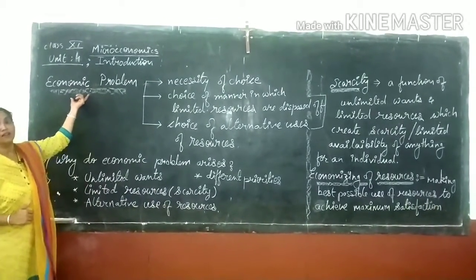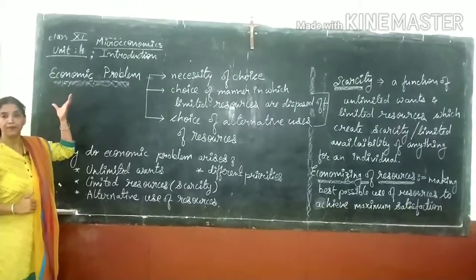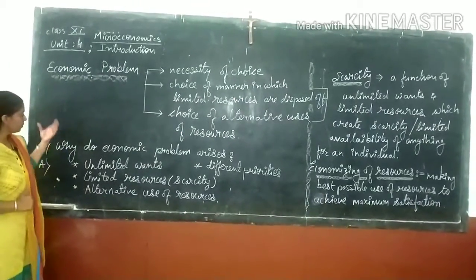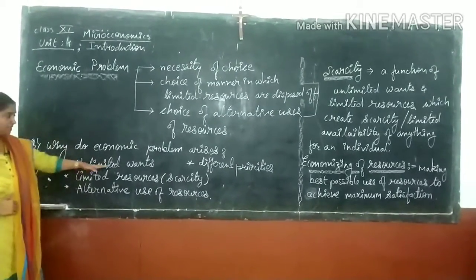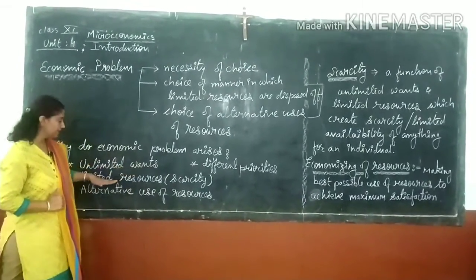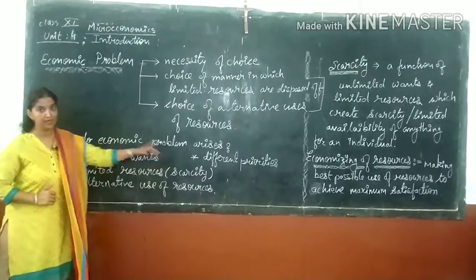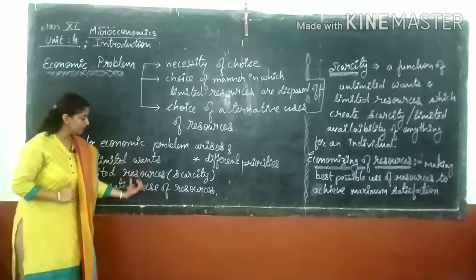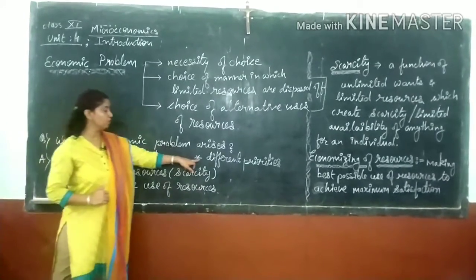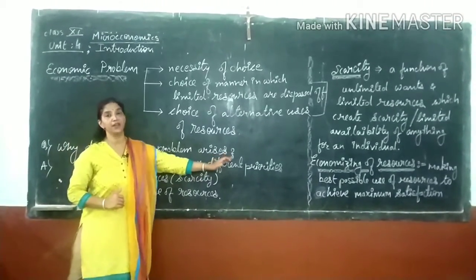What are economic problems and why do economic problems arise? Economic problems arise because of unlimited wants, limited resources, or we can say scarcity of resources, and the alternative use of resources. And above these, one more reason is there for economic problems, that is different priorities.